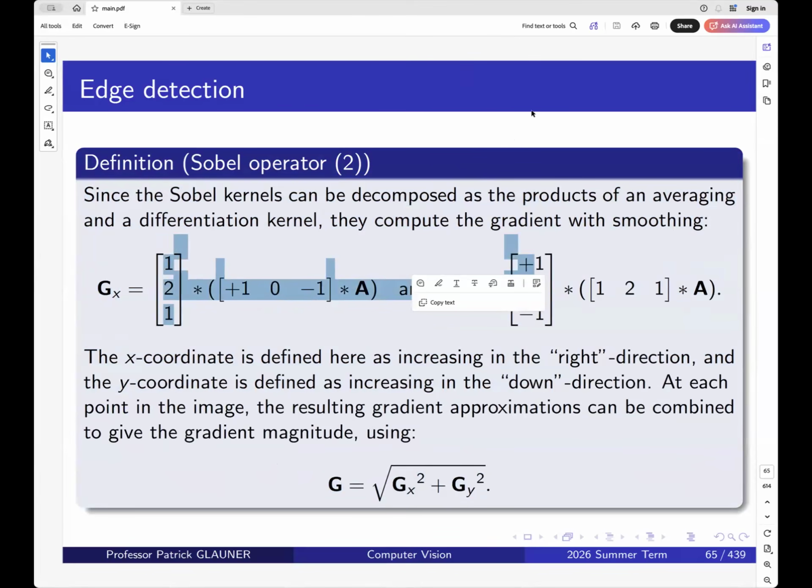You can decompose it into the product of an averaging and a differentiation kernel, but that's just for speed up. It doesn't change anything, and in today's explanation, it would just complicate things. It's something you would pay attention to when you implement this in a library. That's just a more efficient way.